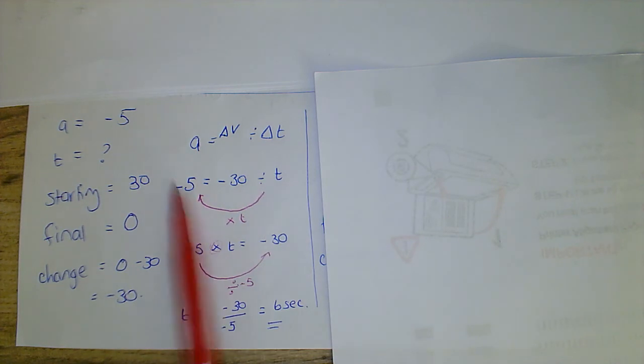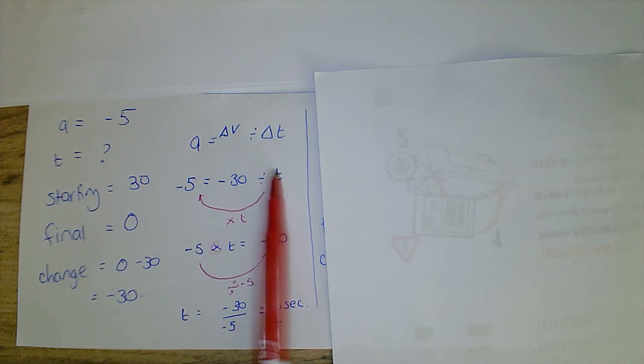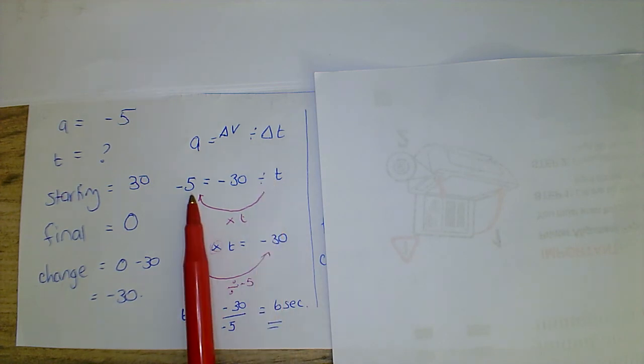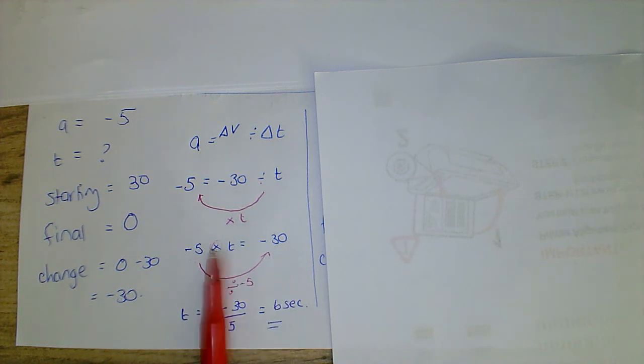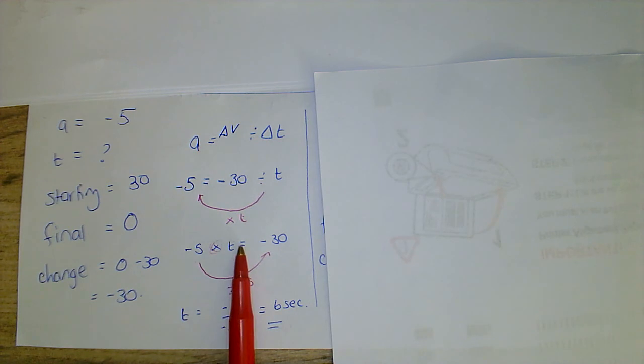We don't know the time, but we do know that you divide by time on this side. So to get time on its own, i.e. the subject of the equation, we're going to multiply by time. So minus 5 multiplied by time equals minus 30. And to get time on its own, you divide minus 30 by minus 5.